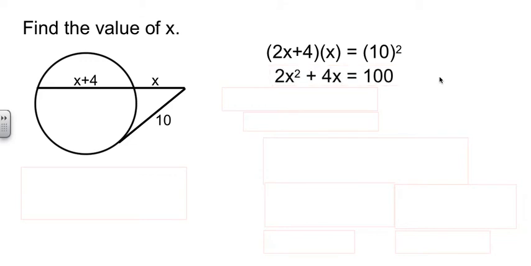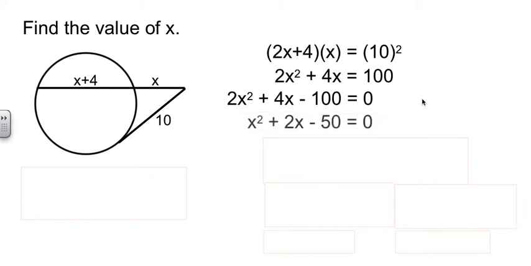Okay, if we distribute that, then we can subtract the 100 over. And now I'm going to make my life a little easier at least. Before I try to factor this, I'm going to see there's something in common. So I'm going to divide everything by 2. Makes my numbers smaller. So now I need factors of 50 that subtract to make 2.